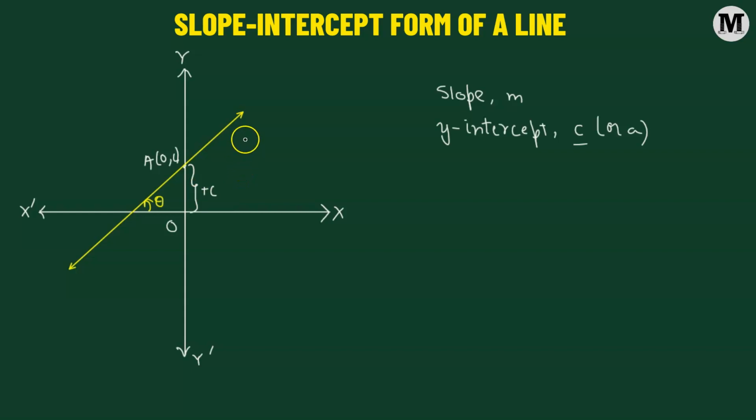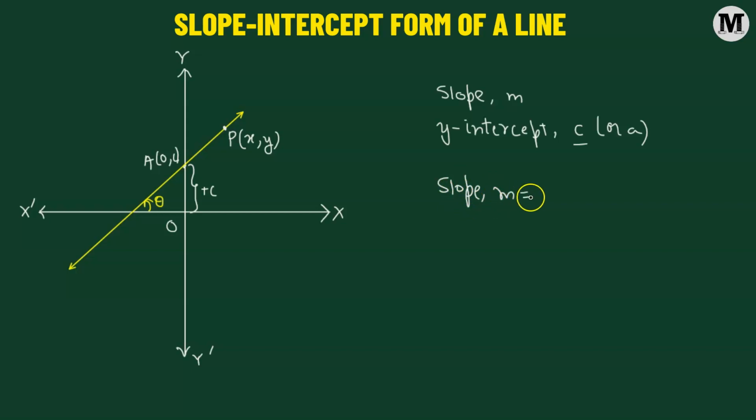Now we consider a point which lies on this line, and let us call it P with coordinates (x, y). Now that we have two points on the line, P with coordinates (x, y) and A with coordinates (0, c), we can define the slope of the line.